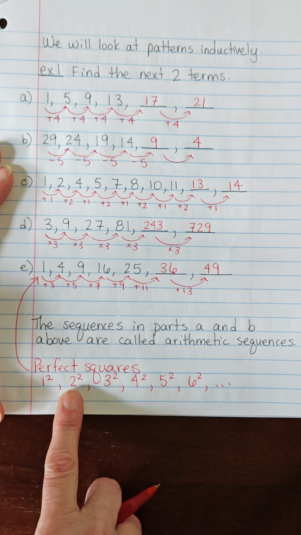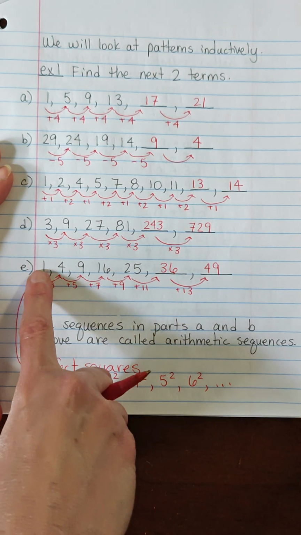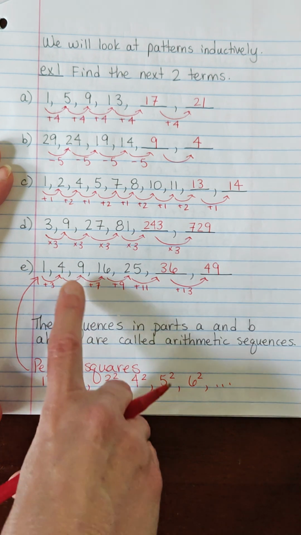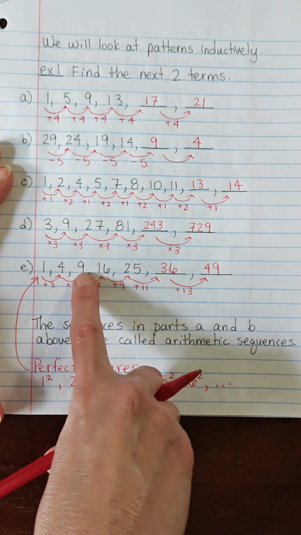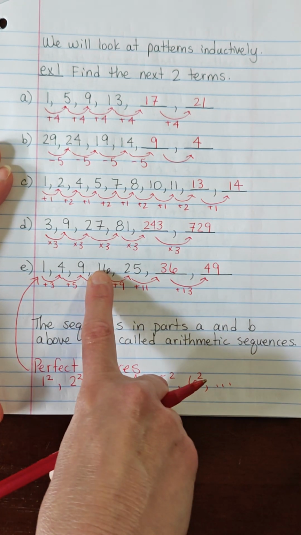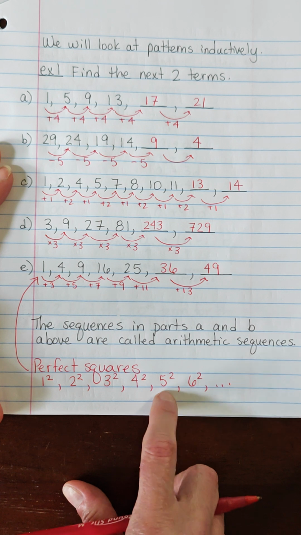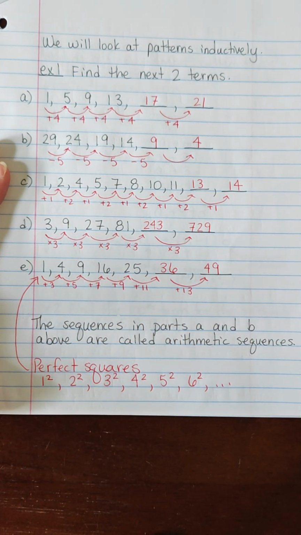Remember, squared means that number times itself. So 1 times 1 is 1. 2 times 2, 4. 3 squared, or 3 times 3, is 9. 4 squared, or 4 times 4, is 16. 5 squared is 5 times 5. 6 times 6, 7 times 7, and so on.